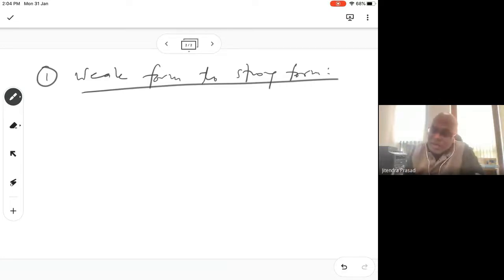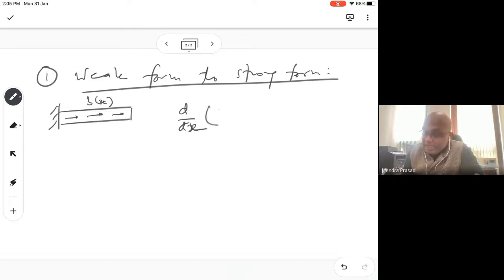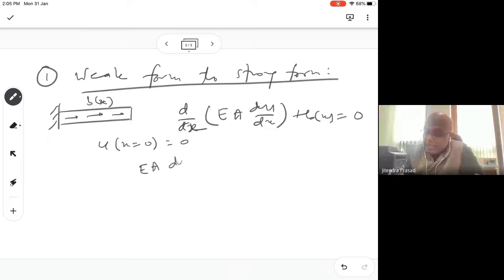For the problem we studied, we wrote d over dx of EA du over dx plus bx equals 0, subject to u at x equal to 0 is 0, and EA du over dx at x equal to L equals 0. So this is for this problem.